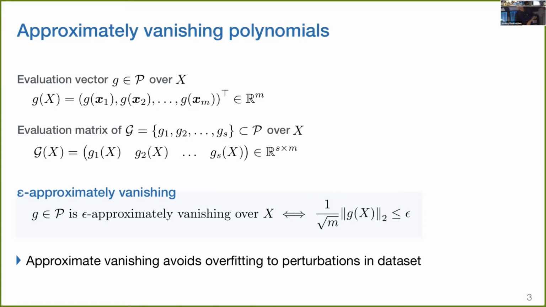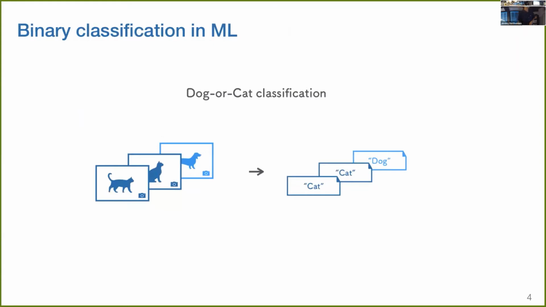Now here is an example from machine learning. In most cases, we are trying to use vanishing ideal computation for machine learning. We introduce epsilon-approximately vanishing because we want to handle noisy data sets in machine learning.